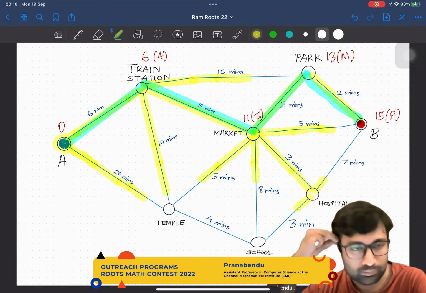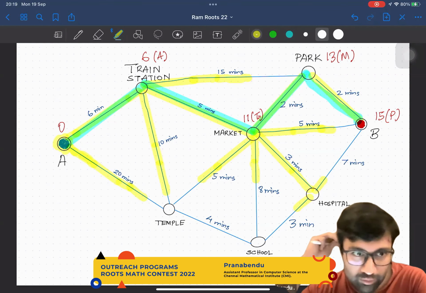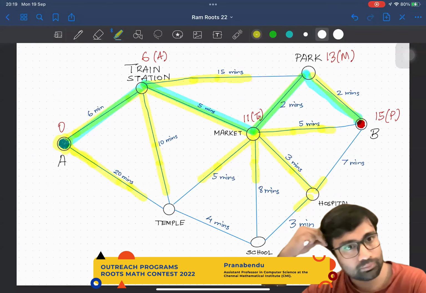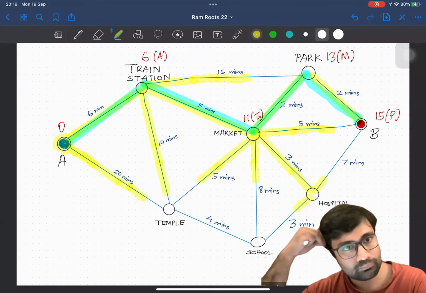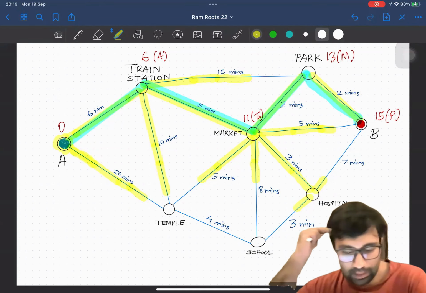Sir, from A to temple, the fire cannot reach the temple because it's only 15 minutes. So my doubt is, will the fire reach the temple from the train station in this situation? No, just 1 minute.